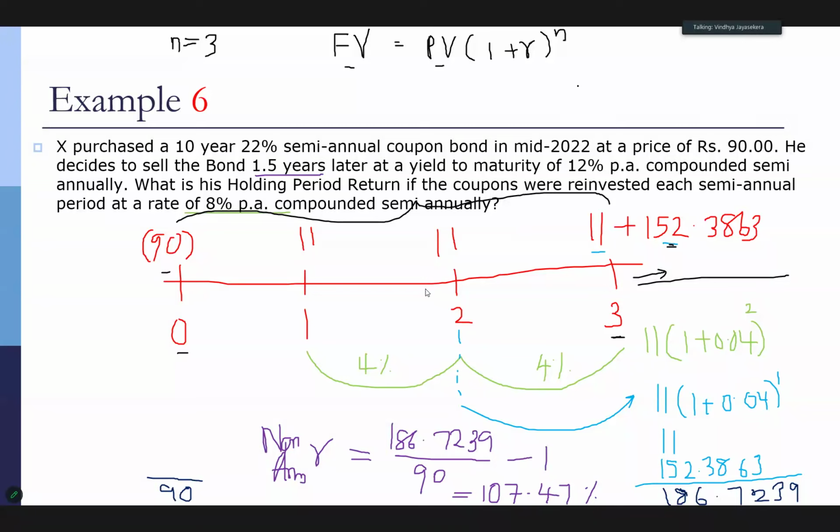What is R? So FV is easy enough. We know that this is 186.7239. Present value is 90, times 1 plus R to the power 3 periods.